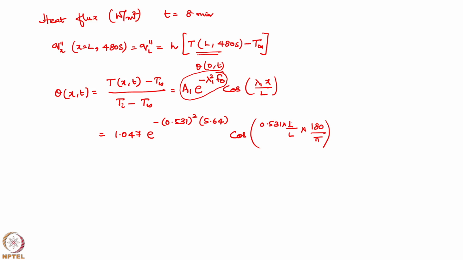If you do this, and this is T at L comma 8 minutes minus 60 divided by minus 20 minus 60, I get T of L comma 8 minutes as 45.2 degree Celsius.